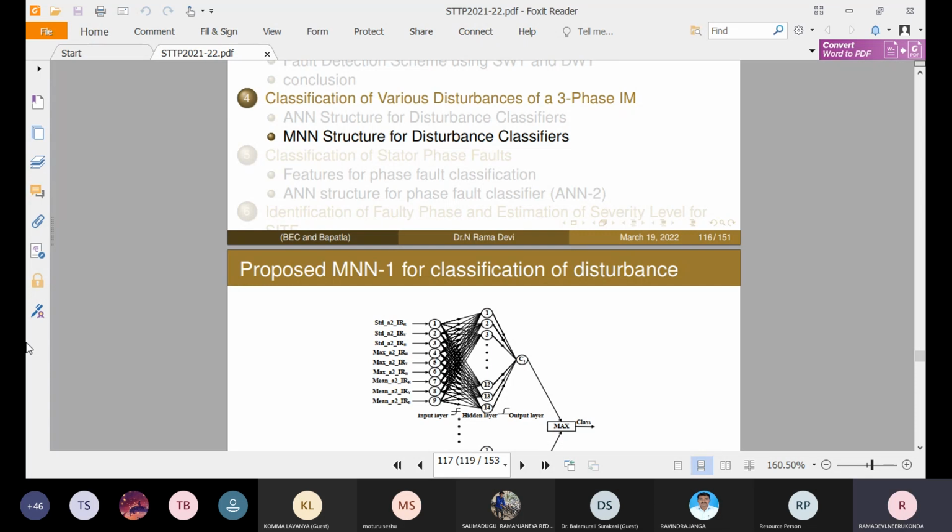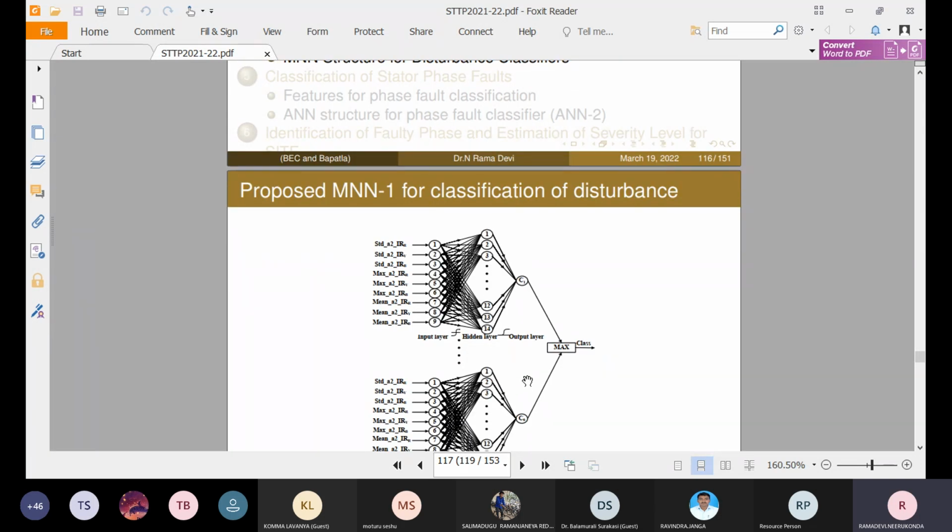However, when we solve a large amount of data and the problem is highly complex, meaning the disturbance features are very near in certain cases, the classifier efficiency is not good. In such cases, we require the modular pattern of classifier. So in order to overcome the shortcomings of ANN, we use the modular approach.